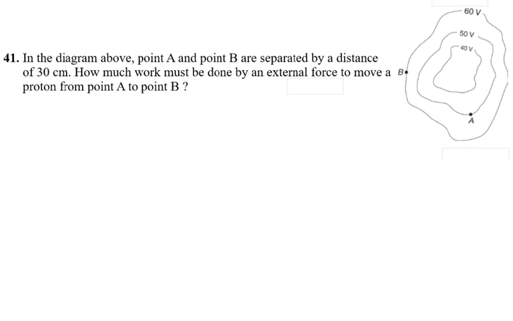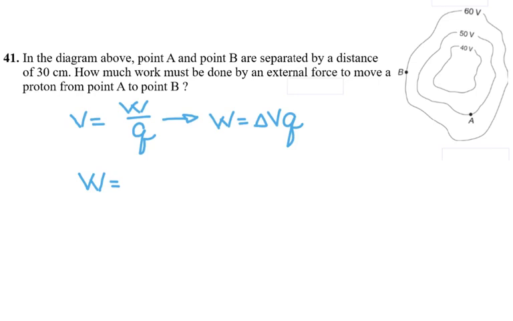The voltage is equal to the work done on the charge, so if I'm looking for the work, it is the change of the potential energy, the charge times the change of voltage. It is a proton, so the charge is 1.6×10^-19, times the change of the voltage.